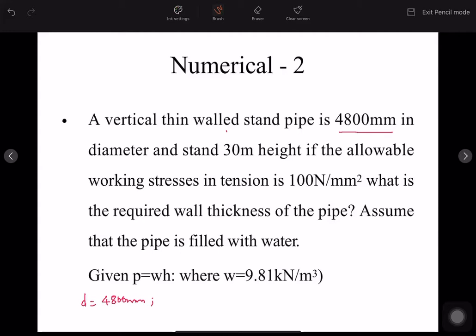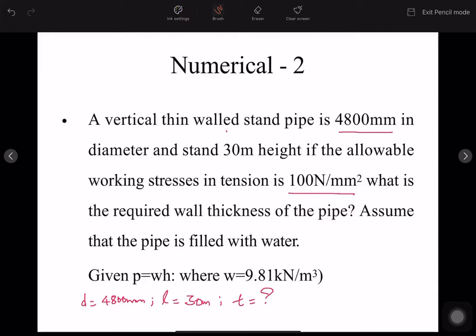The allowable working stress in tension is 100 Newton per mm square. So length is 30 meter, and allowable working stress in tension is 100 N/mm². So what is the required wall thickness?